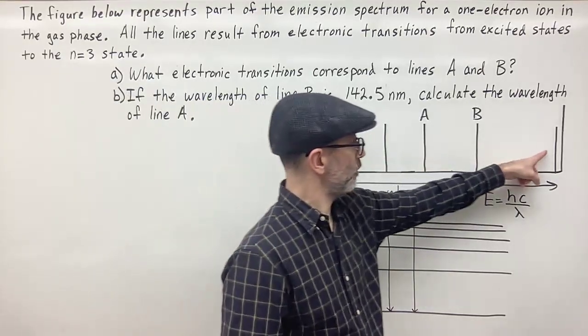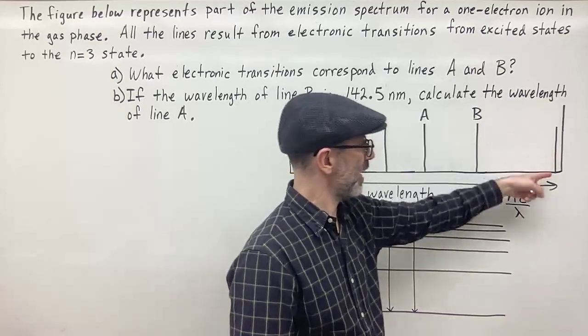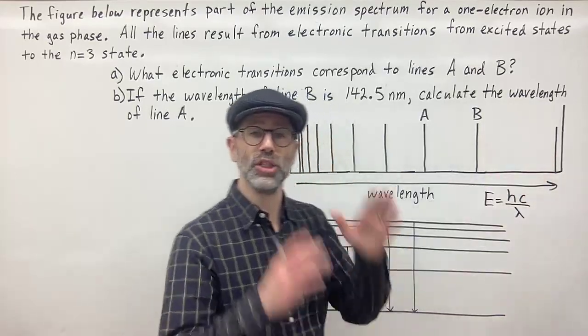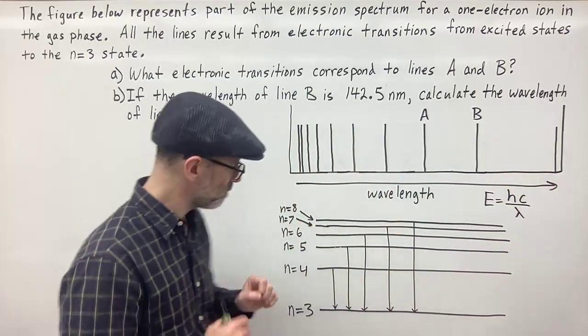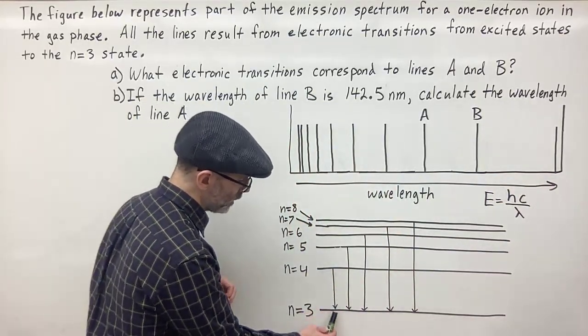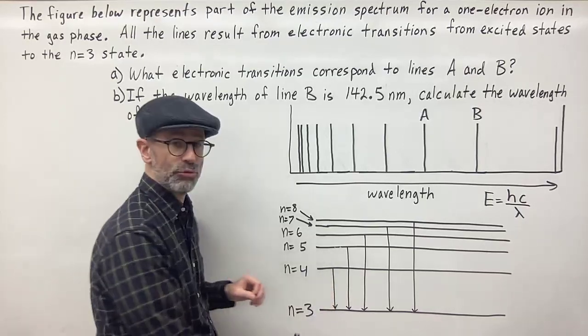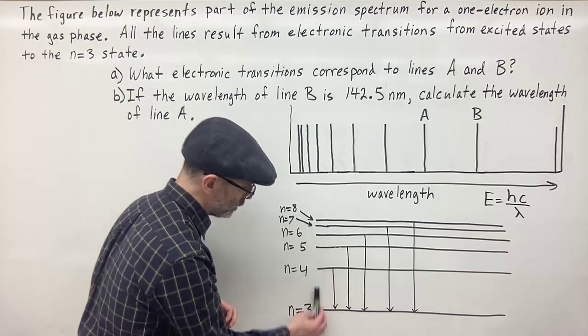Remember, wavelength and energy are inversely proportional, they're opposites. So if I know that this is the longest wavelength, then I know that this line also corresponds to the smallest amount of energy. And we can see here that the smallest amount of energy is between n equals 4 and n equals 3. So this transition right here.